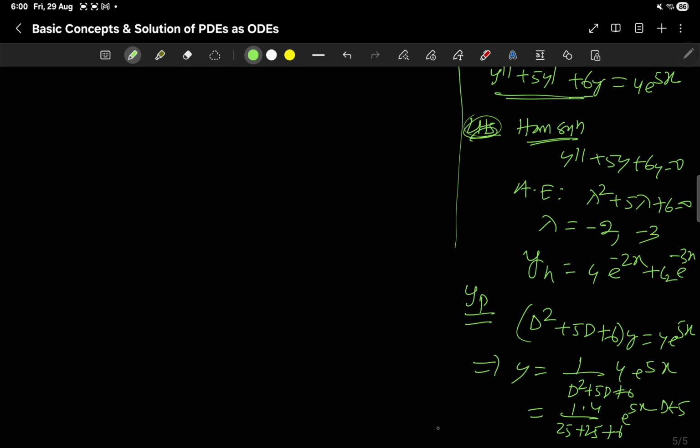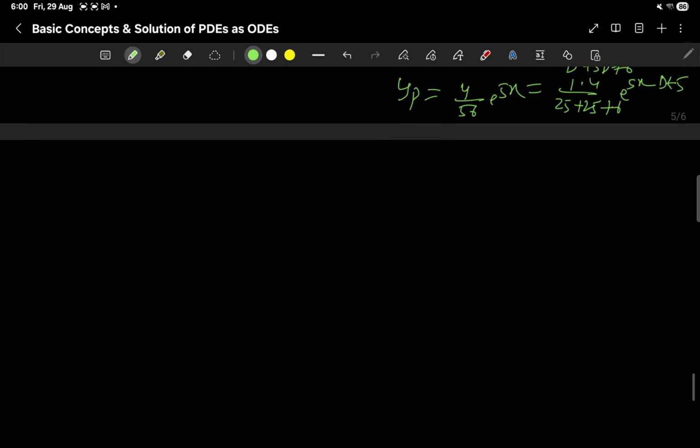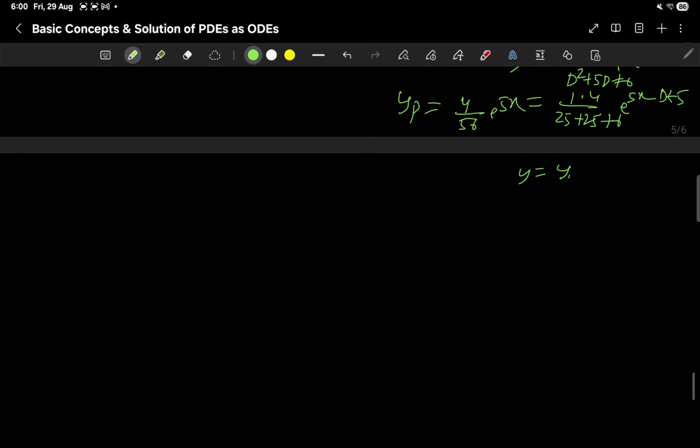Clear? So this is my y particular, 4 by 56 e to the power 5x. Then what is your y? Y is your y homogeneous plus y particular. This is equal to c1 e to the power minus 2x plus c2 e to the power minus 3x plus 4 by 56 e to the power 5x.